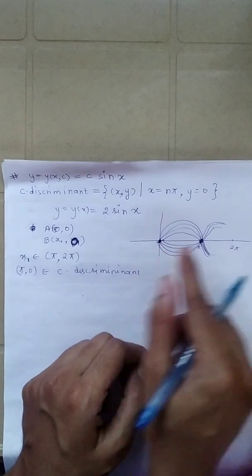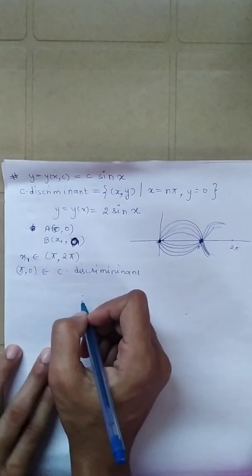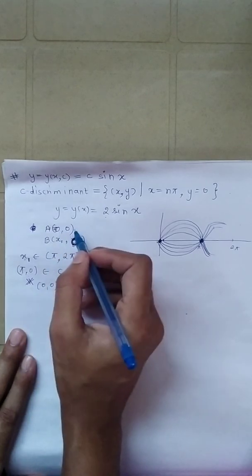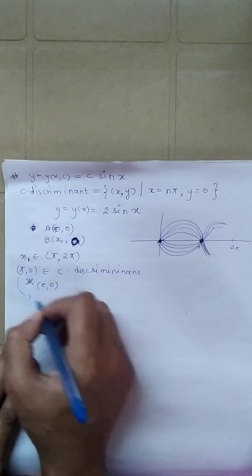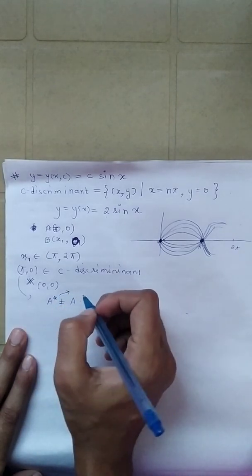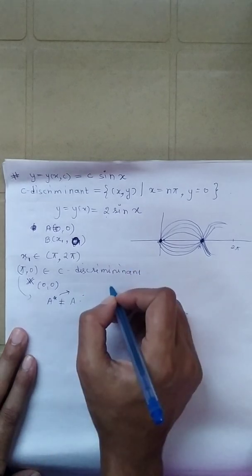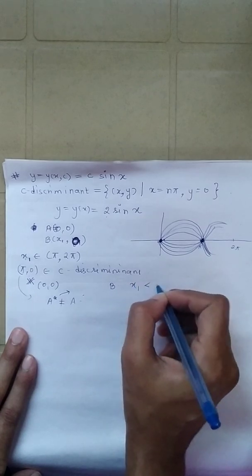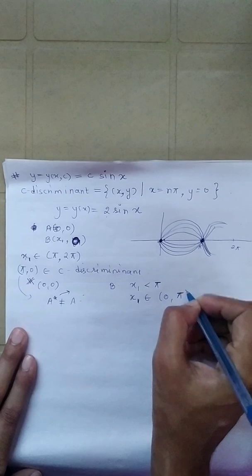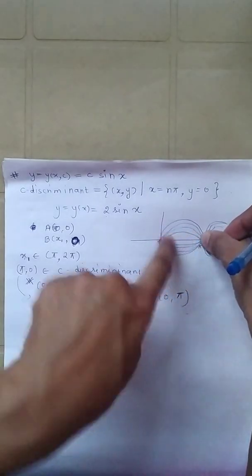And which is that common point? That is (pi, 0), because these are of the form n times pi with the C discriminant, and it is also not equal to the point (0, 0), that means it is not equal to A. So this point will be the point A star, which is not equal to A, and this will be called a point conjugate to A. Whereas if for this point B, x1 is strictly less than pi, or we can say it this way: if x1 belongs to this interval, then the point B will lie somewhere in this region.